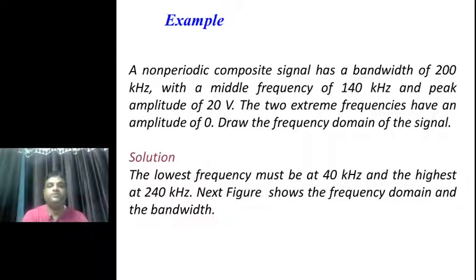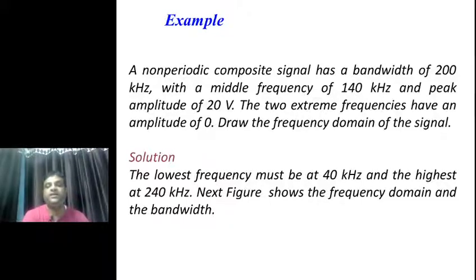So the bandwidth is 200 kilohertz and the middle frequency is 140. The lowest frequency must be 40 kilohertz and the highest frequency is 240. Why? Because the bandwidth is 200 and the middle frequency is 140.